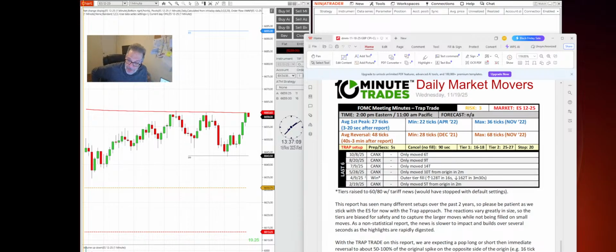But if it does move, I think 18 and 27 on our tiers could be small. I just don't think you can justify taking the trap trade. So I think I'm not going to take it.